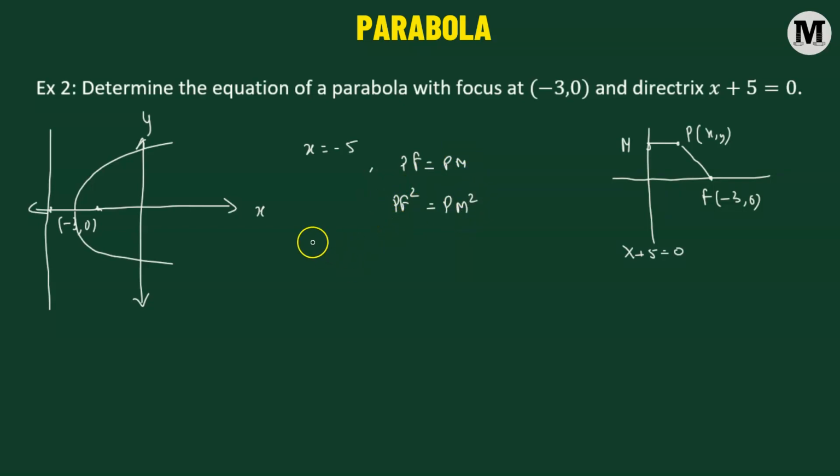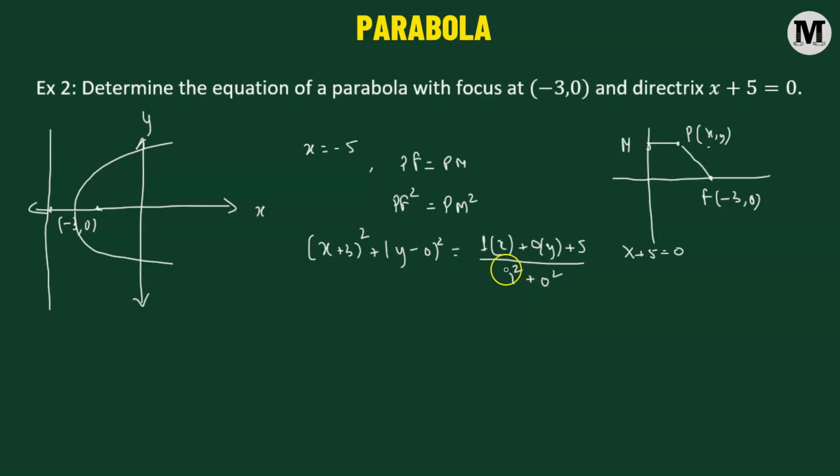For PF, we can use the distance formula to obtain x plus 3 whole squared added to y minus 0 whole squared, that will be equal to PM squared. For that, we take the coefficient of x, which is 1, multiply it with the x coordinate of point P, add the coefficient of y of the line, which is 0 multiplied by y, plus the constant 5 of the straight line, divided by the square root of 1 squared plus 0 squared.